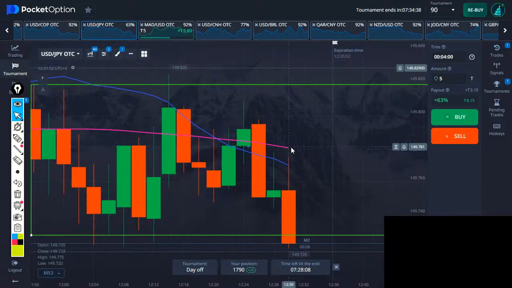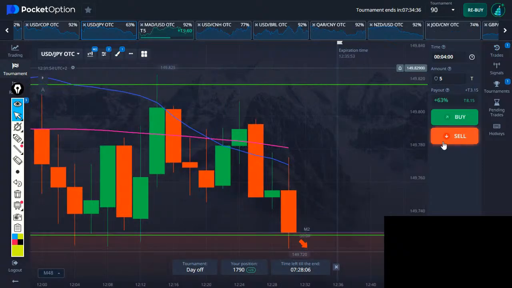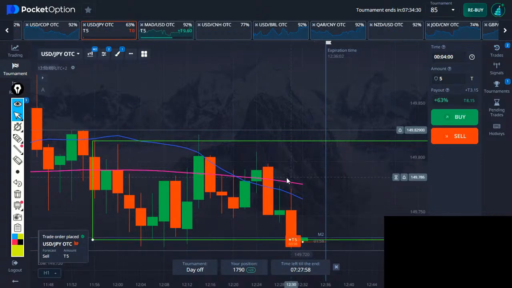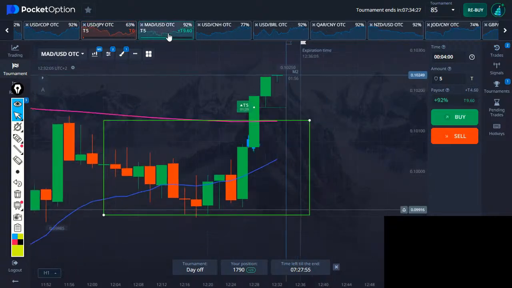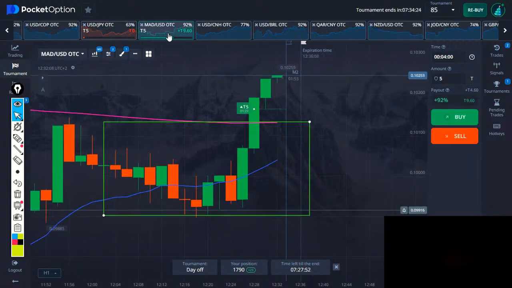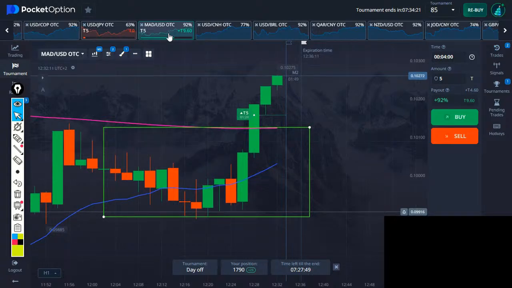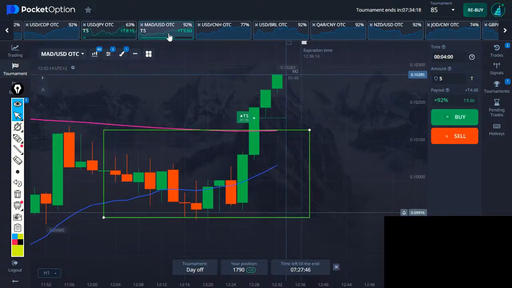This is amazing. Come on, close below it. I'll take the trade. This is running beautifully. Beautiful trade.